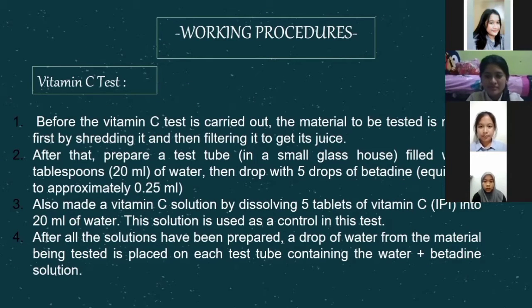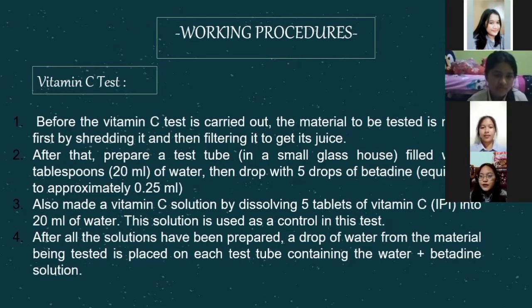Okay, the next, I will read it. Working procedures. Vitamin C test. 1. Before the vitamin C test is carried out, the material to be tested is first prepared by shredding it and then filtering it to get its juice. 2. After that, prepare a test tube or small glass.